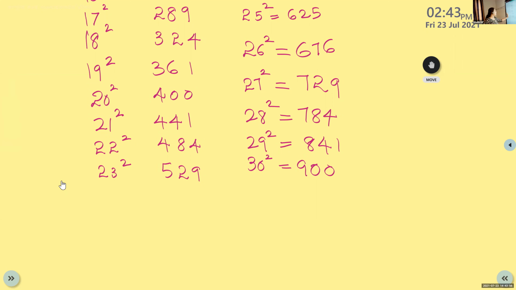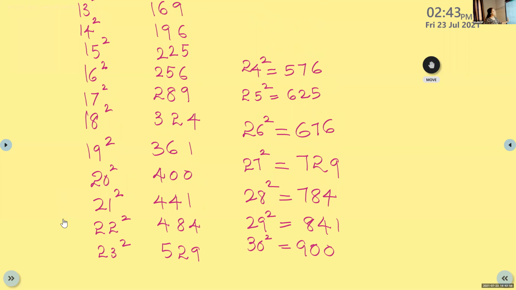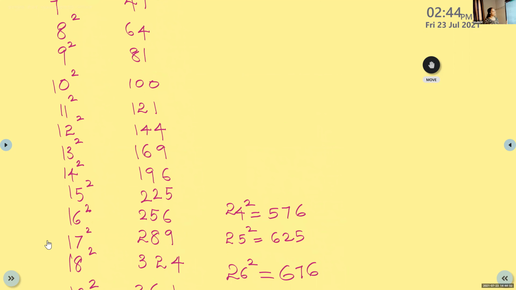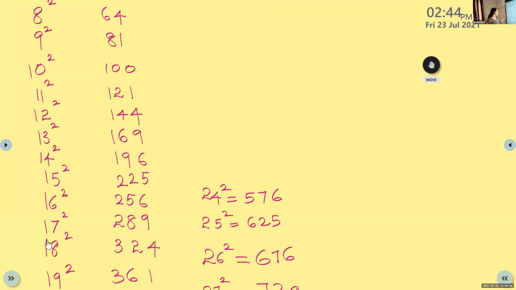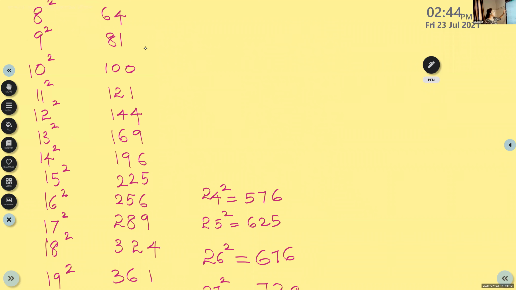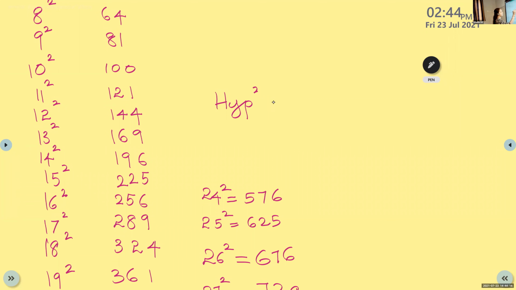So children, we have learned this in 7th standard when we learned about the Pythagoras theorem. When we applied Pythagoras theorem, you might have heard this. If hypotenuse square is 36, what will be the hypotenuse? 6.